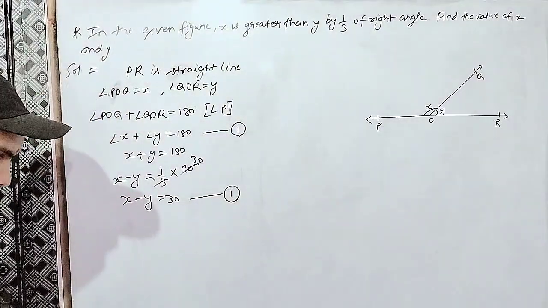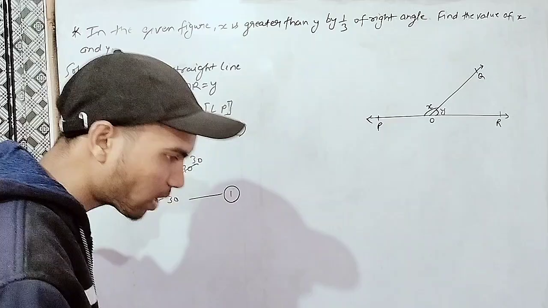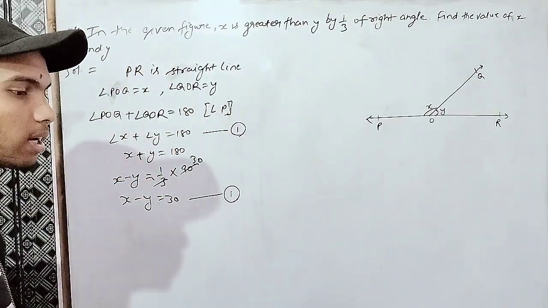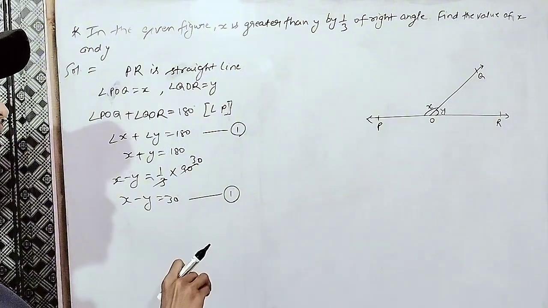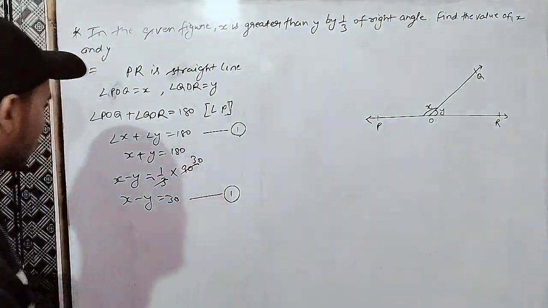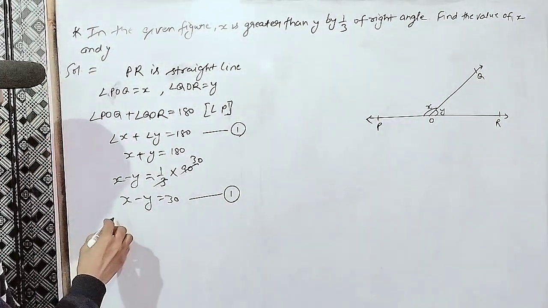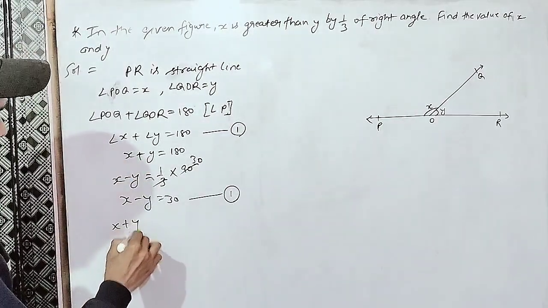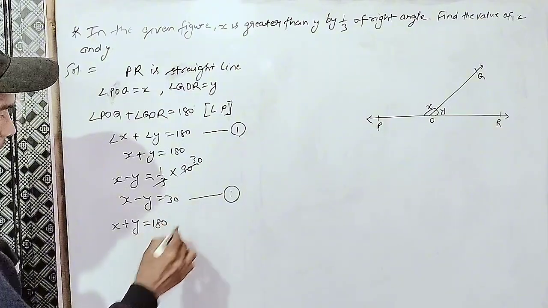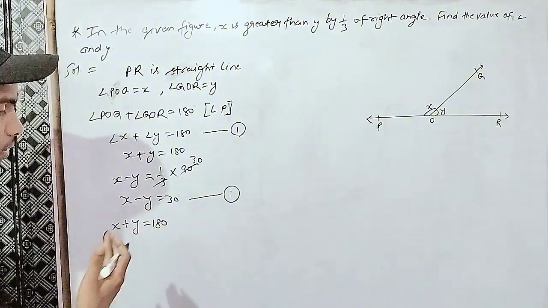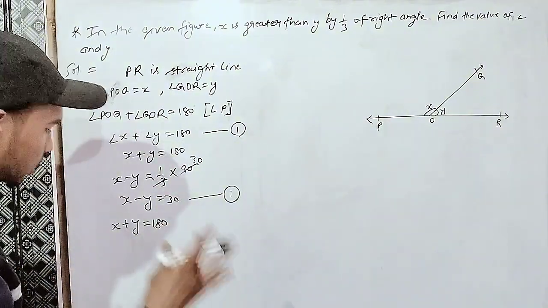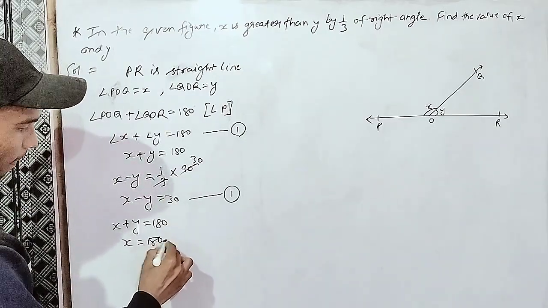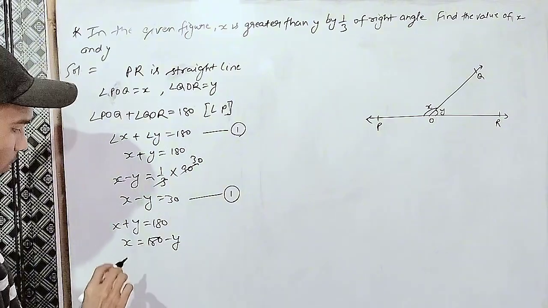First of all, we will find the value of the first variable. After finding the value of the first variable, we will put it in the other equation. Just look here. X plus y is 180. This is the first equation. First, let's find the value of one variable: x is 180 minus y.